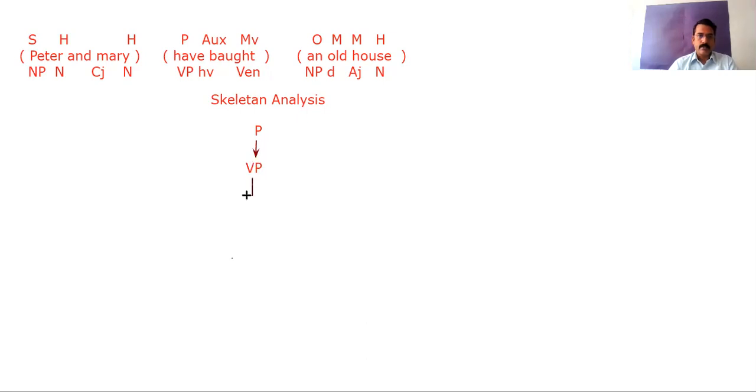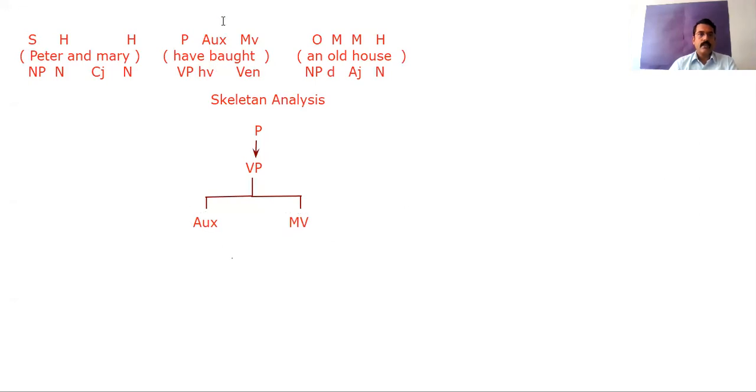There are 2 elements. One main phrase is there. Main phrase is always one, and one auxiliary is there. Fine. So auxiliary, main verb, right? So here we have to give the labels auxiliary, and here it will be main verb. Fine.